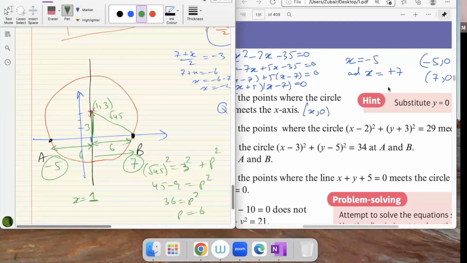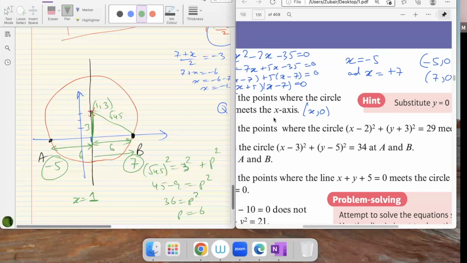Minus 5 and 7. In the exam, anything you do is correct. There is no restriction. So if you go for algebra, that is correct. If you go for Pythagoras theorem, that is again correct because you knew the geometry of the shape.